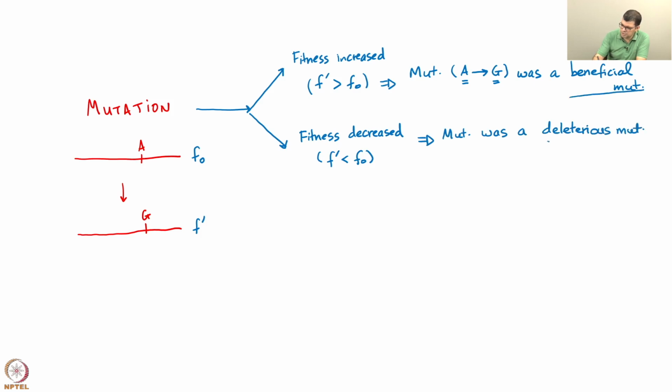So, beneficial mutation, deleterious mutation. And when we are saying the word fitness increased or decreased, what we really mean is we are using growth rate. As we saw in the last video, that growth rate is being taken as a proxy for fitness.